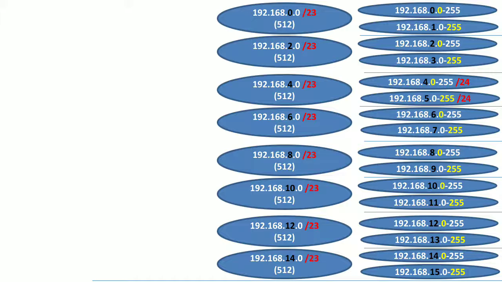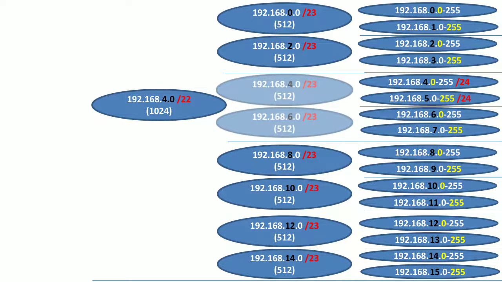Now you can further supernet these two networks into one single network. This time it would have /22 subnet mask. So the first IP address would be the first IP of this network, that is 192.168.4.0, and its broadcast IP address would be the last IP address of the last network, that is 7.255.